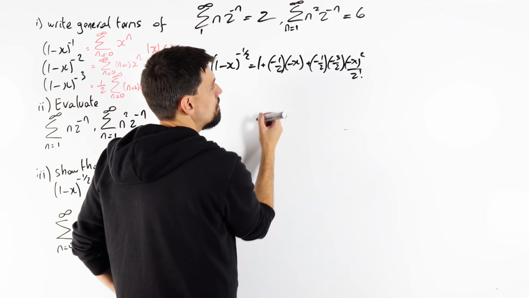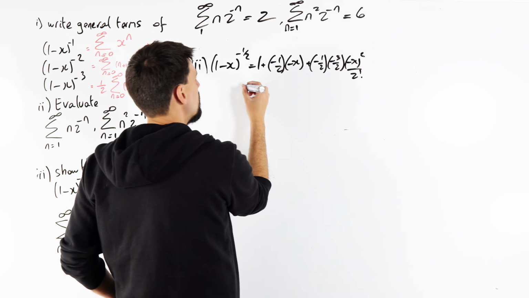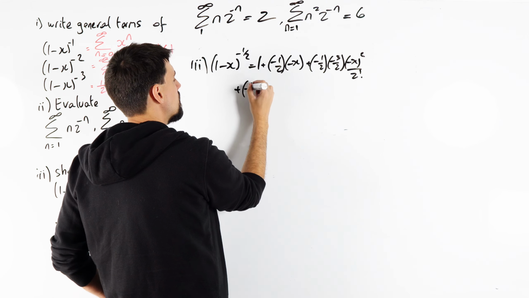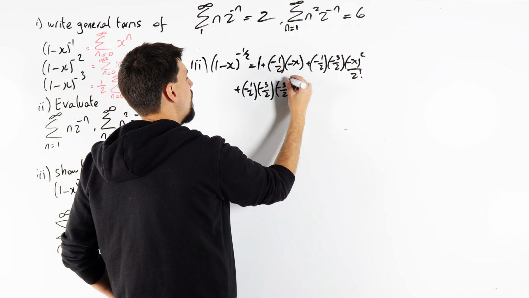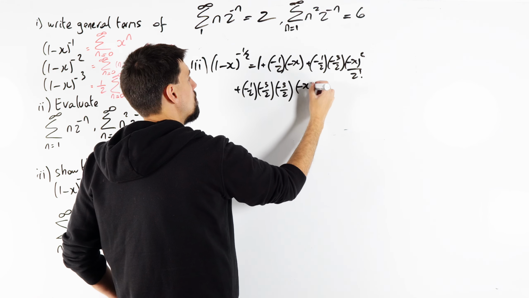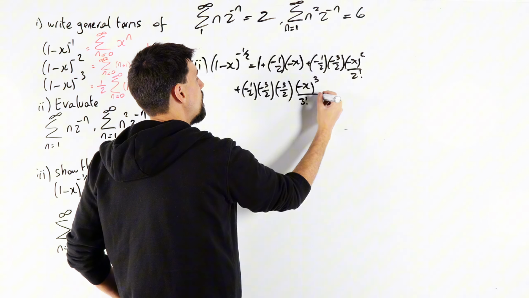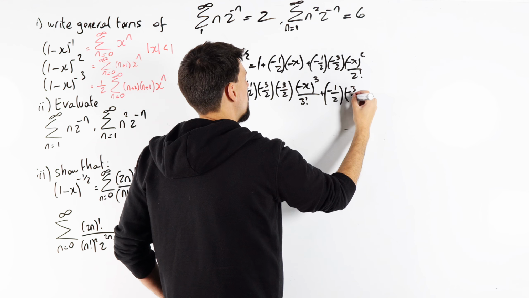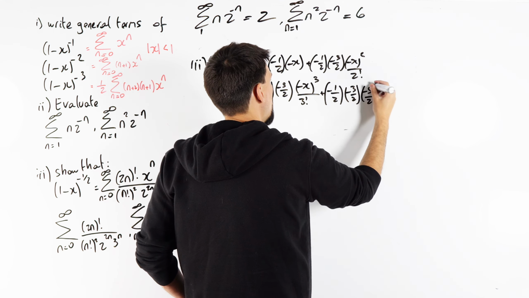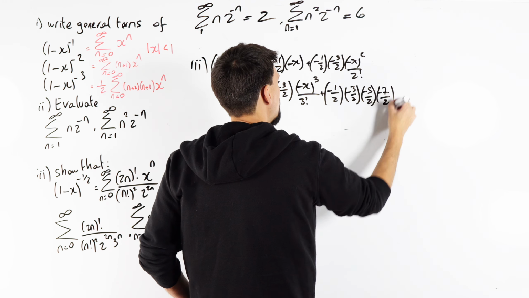I'm going to put a couple more terms here. Do I have the space? No, so I'm going to have to go underneath. Plus minus a half, minus 3 over 2, minus 5 over 2, times minus x cubed over 3 factorial. And we'll do one more: minus a half, minus 3 over 2, minus 5 over 2, minus 7 over 2.